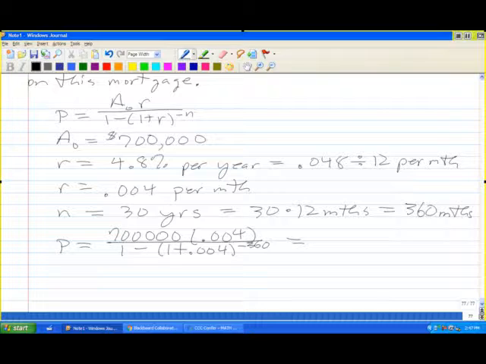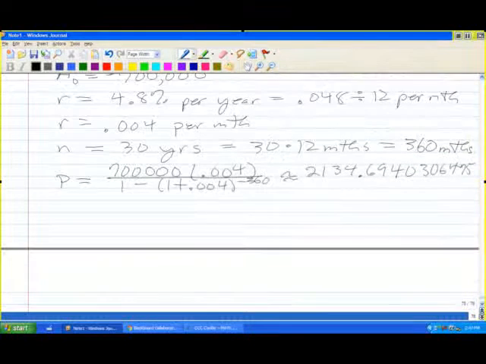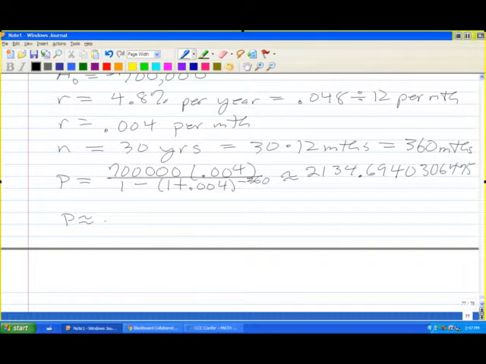I get that it is approximately $2,134.69 per month.